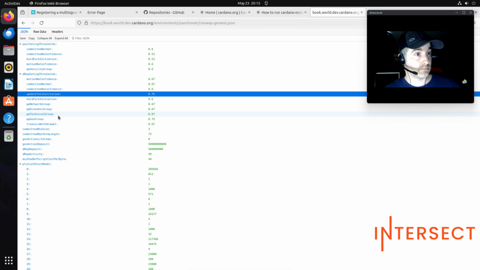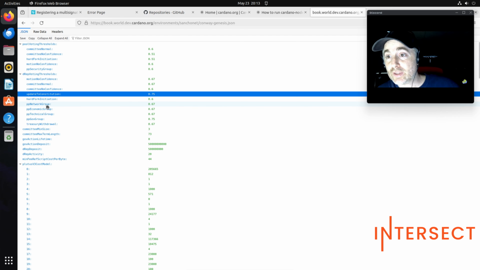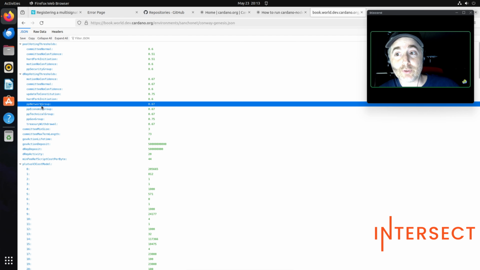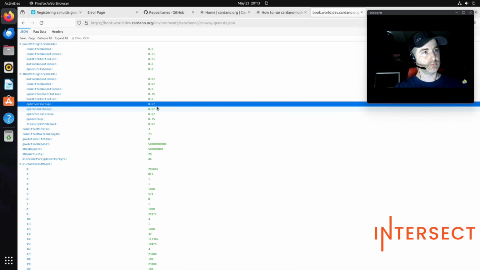threshold, like here. If I want to change something from the networking group of protocol parameter change for DReps, right now the threshold is 67%, but if I want to change that threshold, I need to submit a protocol parameter change governance action, right? Mm-hmm.